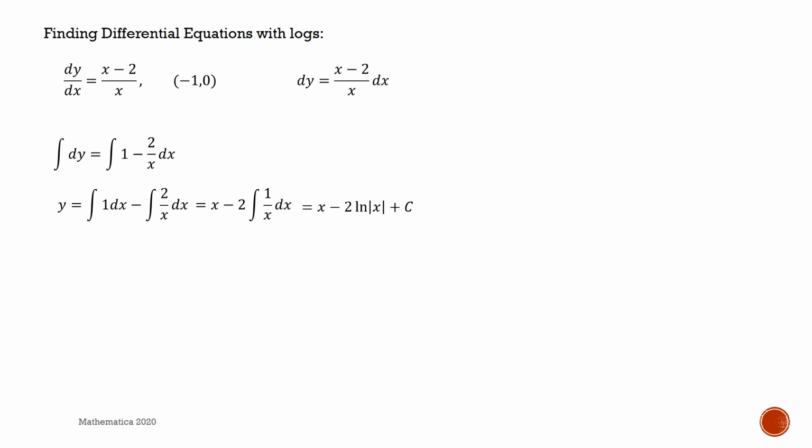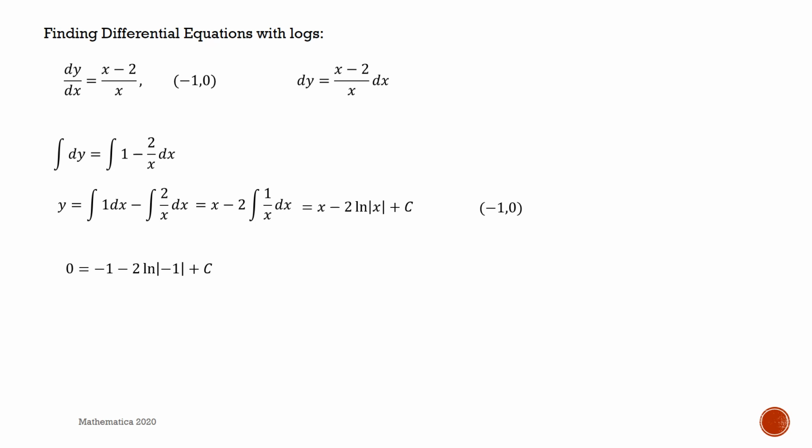Now remember, the plus c is the general antiderivative, but we know that this passes through a specific point, the point (negative 1, 0). Now this is why the absolute value is so important. So now that x is negative 1 and y is 0, I replace x and y with those values, and now I take the ln of the absolute value of negative 1.